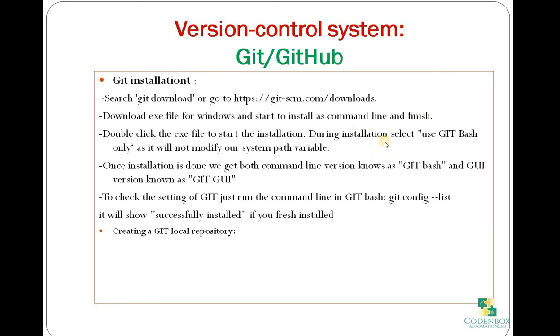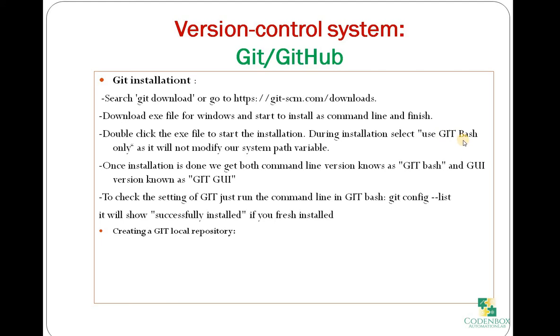During the installation, if an option comes up like the installation preference, I would say select use Git Bash only, so that it will not modify our system path variable. It's better to use Git Bash.